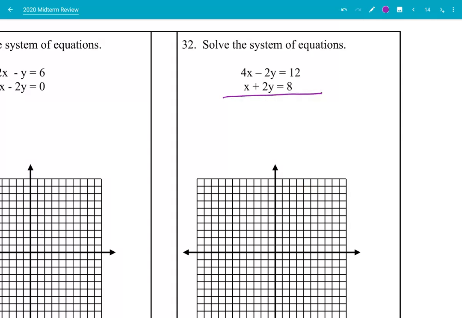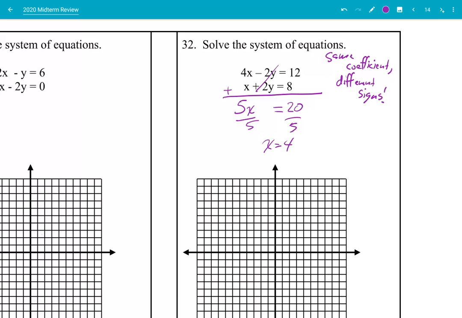It's already set up, and look, these two have the same coefficient, different signs. That's what you want. So when you add them together, you get 5x. These go away. It's 20. So divide by 5. X equals 4.